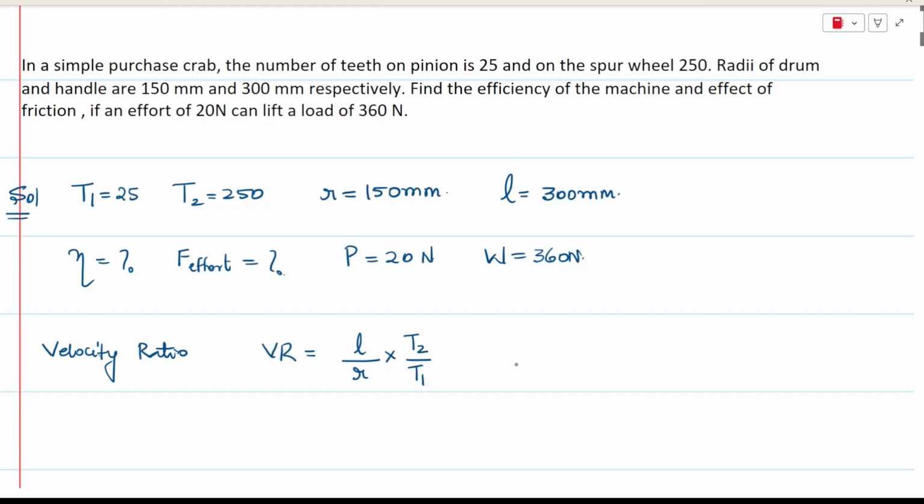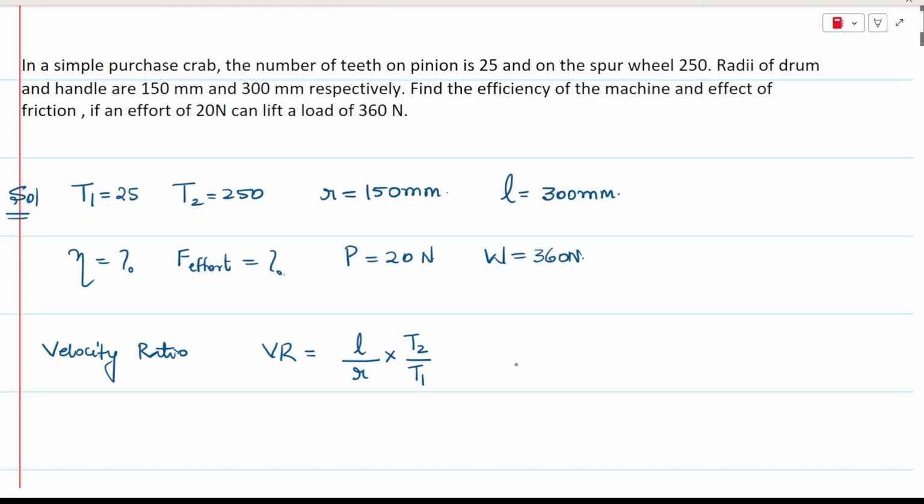See, remember here the concept is on the handle side where the effort is being applied, it is compounded, or on the same shaft there is a pinion mounted whose teeth is 25, and next is the load which is being lifted has the gear whose number of teeth is 250 and the radius of the drum is 150.